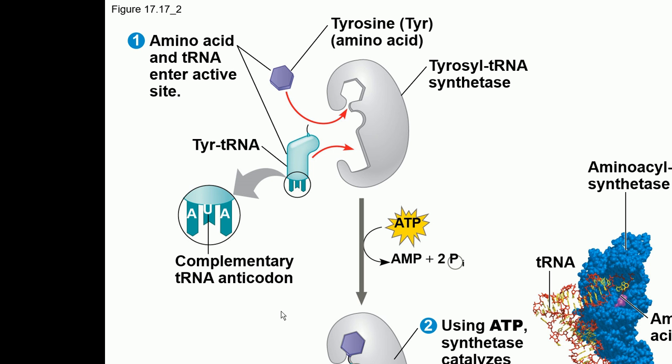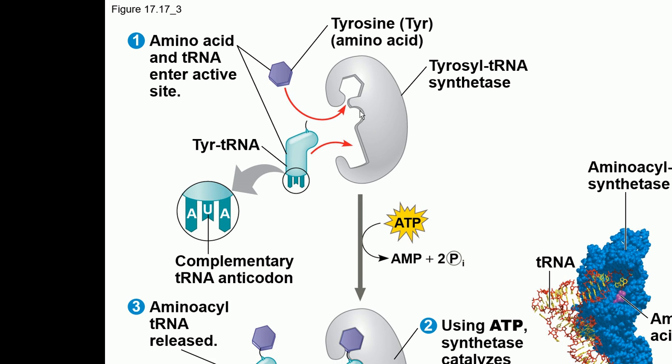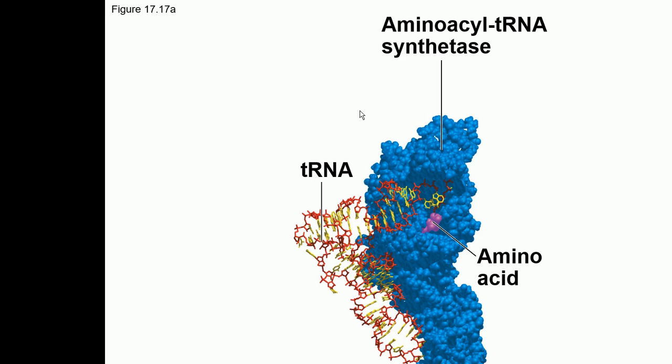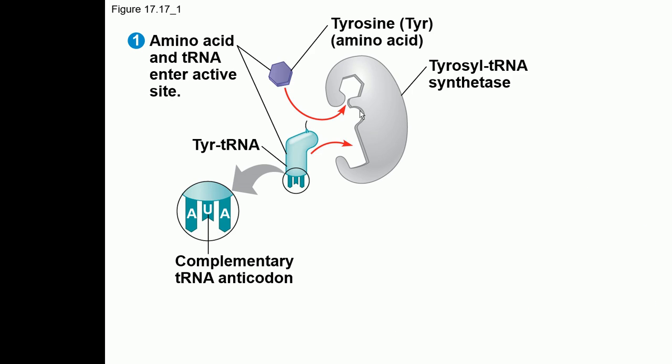If there is no amino acid attached to the transfer RNA, it is uncharged transfer RNA. So uncharged transfer RNA becomes charged transfer RNA with the help of the enzyme. And for different amino acids, there are different enzymes.